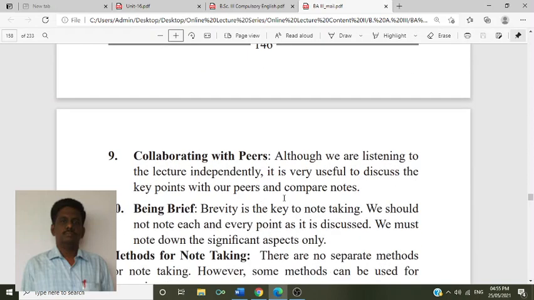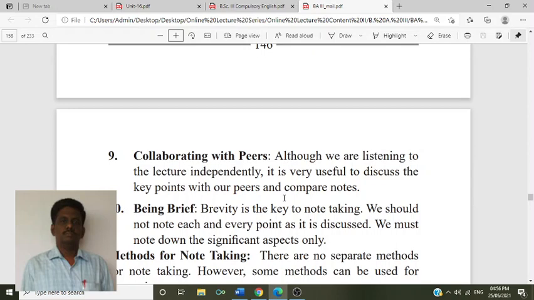Then collaborating with peers, this is again a practical hack or practical tip for you while taking notes. Although we are listening to the lecture independently, it is very useful to discuss the key points with our peers and compare notes.